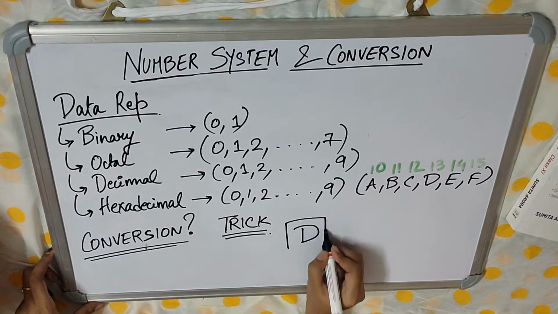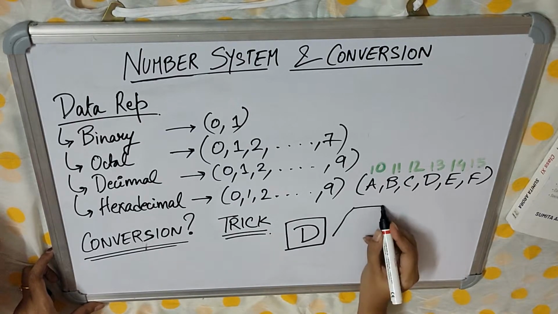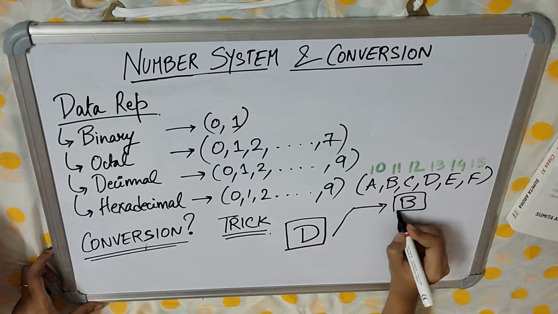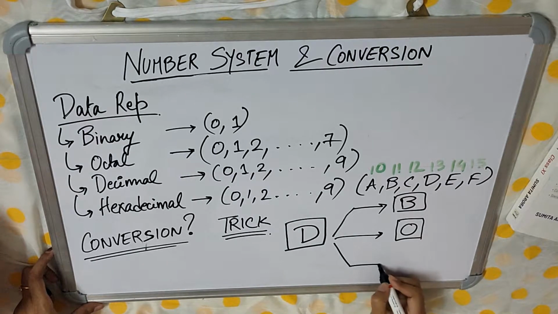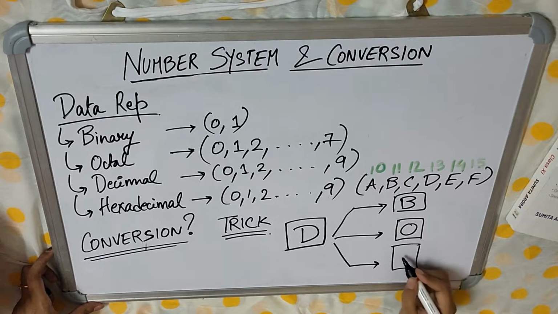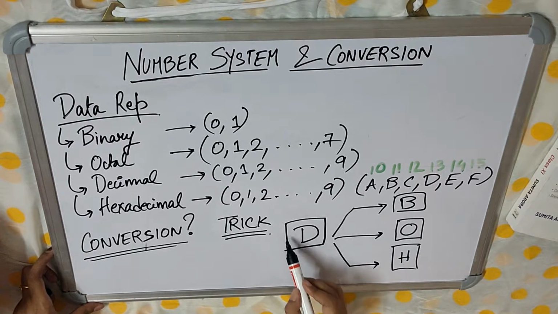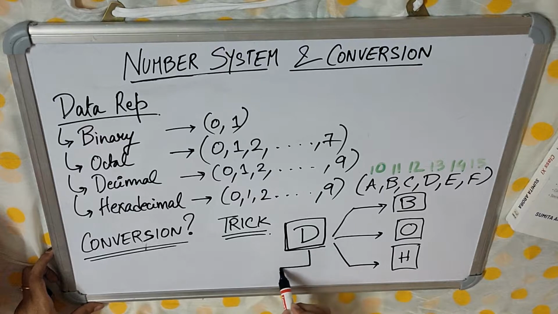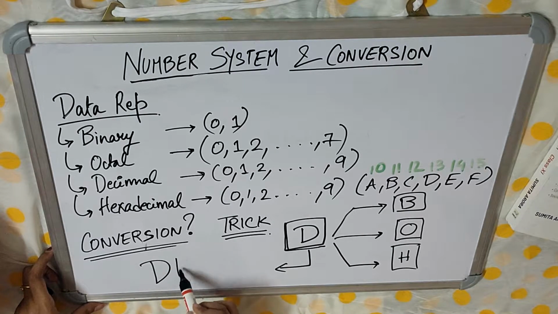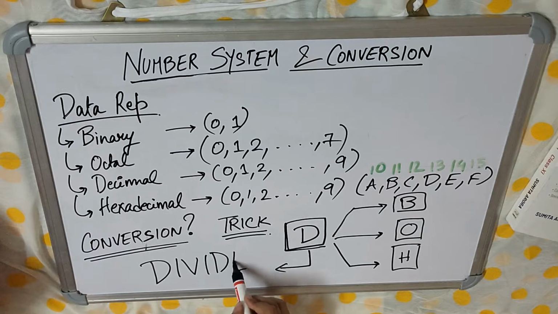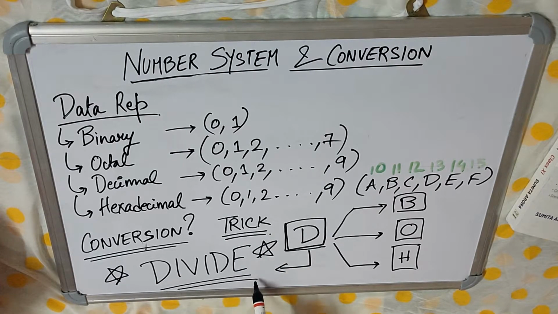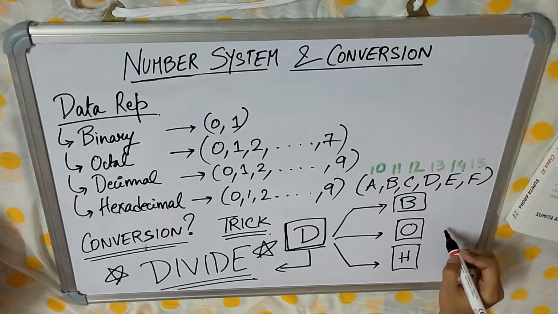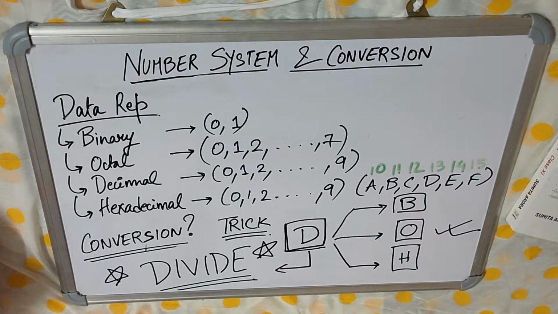Keep your eyes on the letter D. D means decimal, and if you want to convert any decimal number to binary or octal or hexadecimal, D stands for divide. So we have to use the method divide to get hold of the conversion numbers. That's the trick behind it. We'll show you in the next part how to do it.